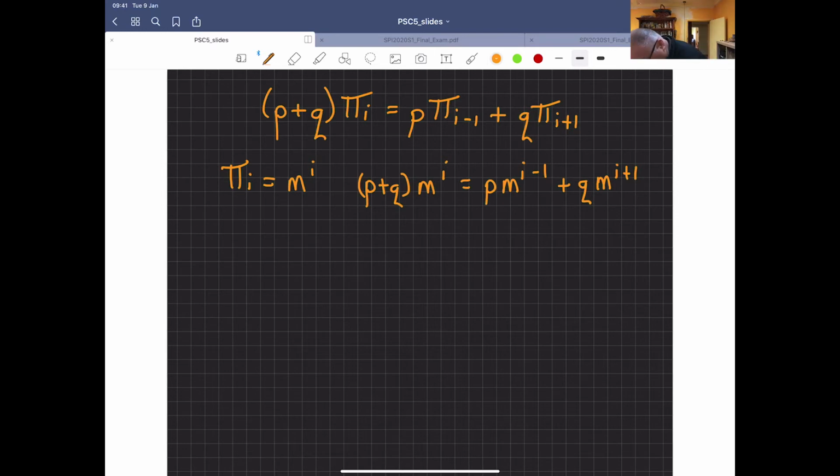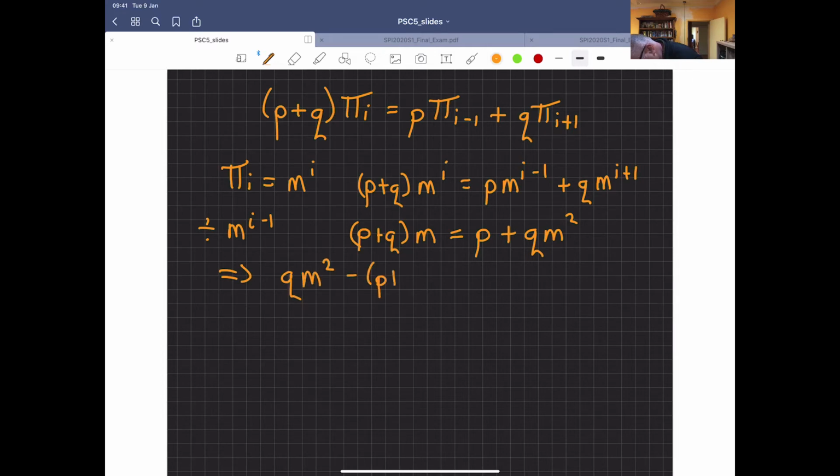We're going to divide by m to the I minus 1. That gives us (P plus Q) m equals P plus Q m squared. We can rearrange that to Q m squared minus (P plus Q) m plus P equals 0. This is just a quadratic equation, and we can factorize it into (m minus 1)(Qm minus P) equals 0.